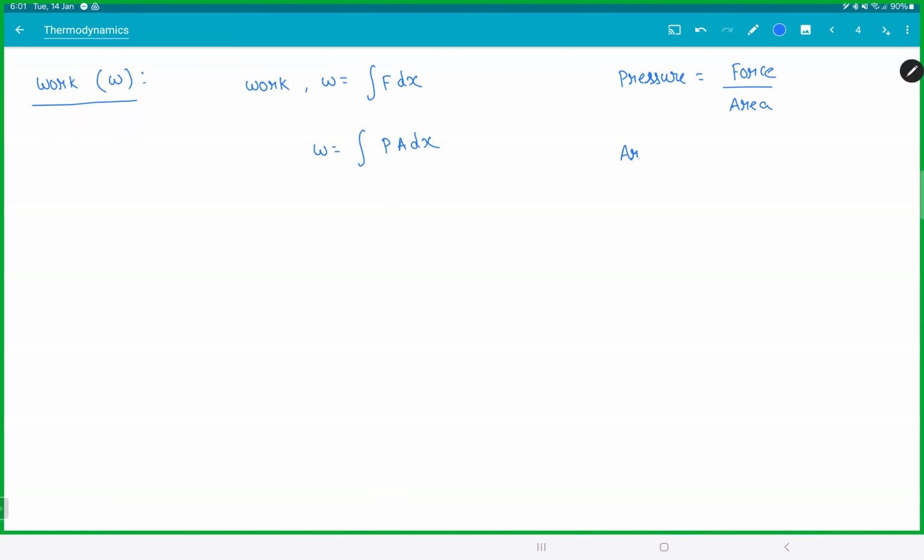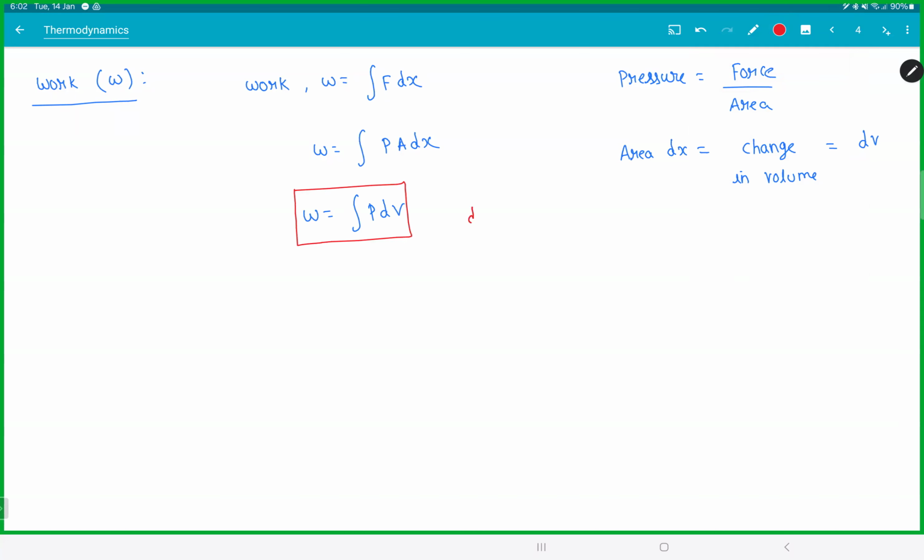Area into length will be volume, so area into change in length will be change in volume, which is dV. So work done becomes integral PdV. There. Straightforward. Someone asks you what is work done, integral PdV.